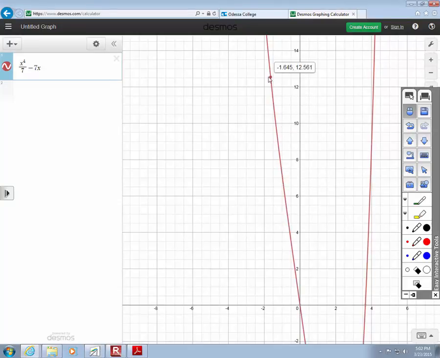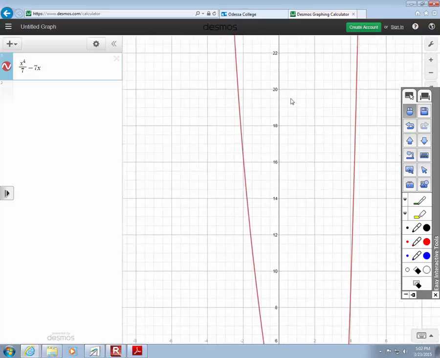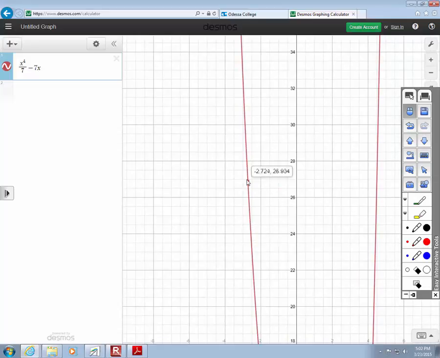If I follow the point, I'm trying to get to negative 3. See the x value there? It's at negative 2. Going up, going up, going up. There it is. See negative 3? There's negative 3, right? I'm trying to be perfect here. There it is, right there.